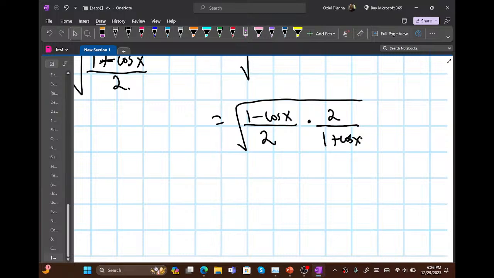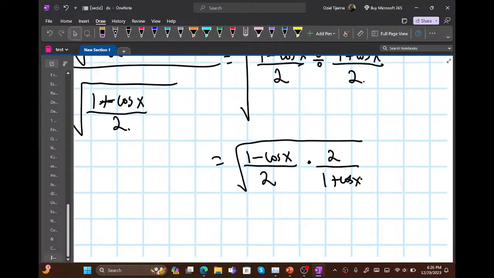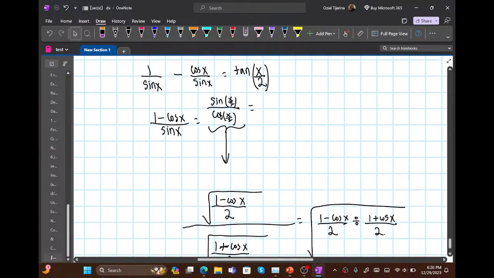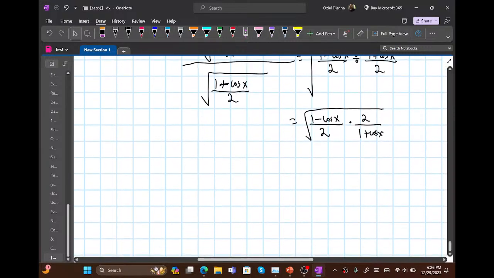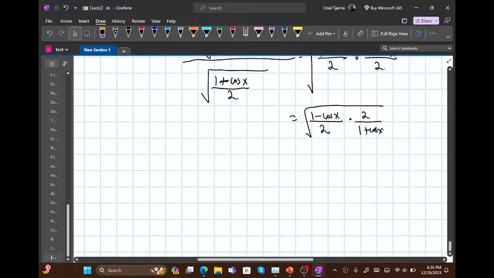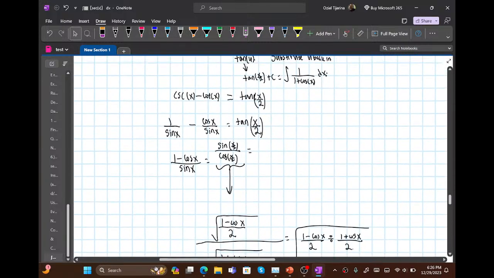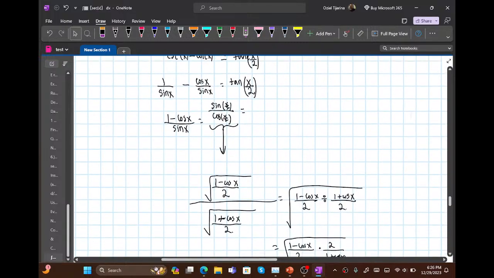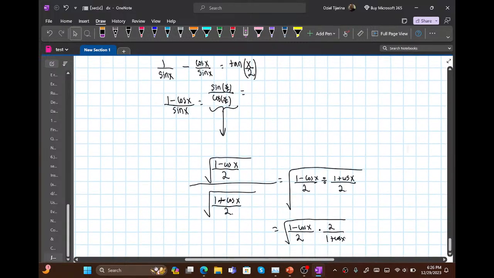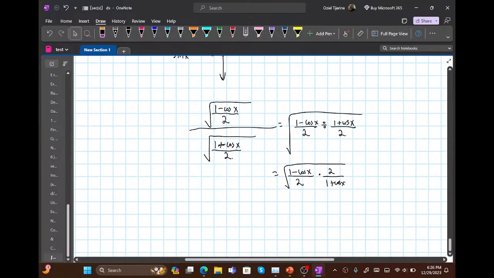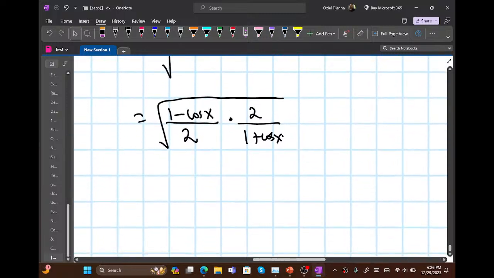What did I write as cosine of x? Okay, so then these cancel out.